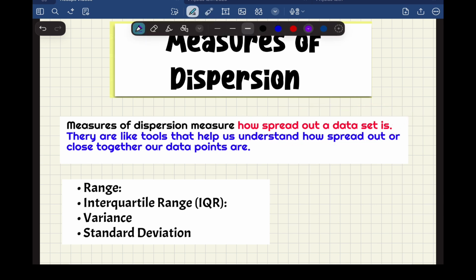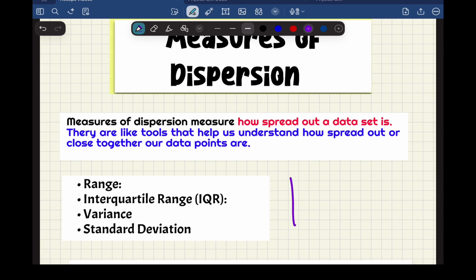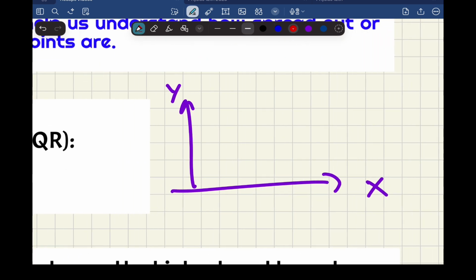So, for example, let's use a graph. If we have this situation, we have x, y. So we can have two options: when the data set has the values like this, or maybe like this.